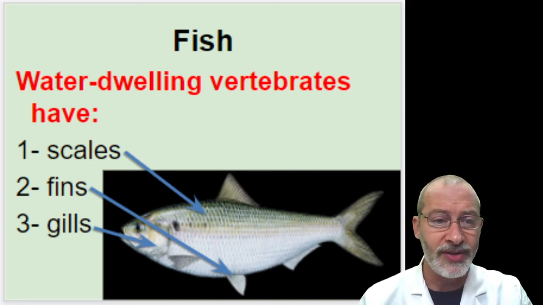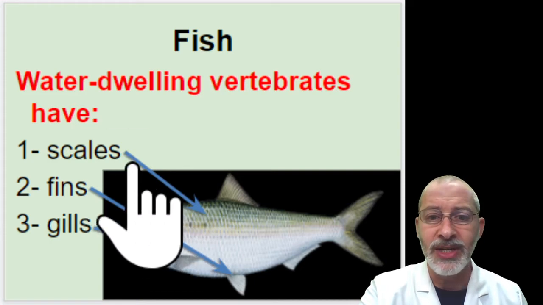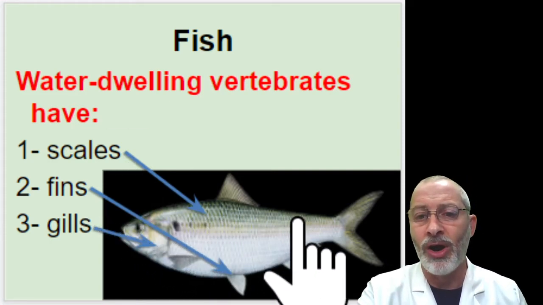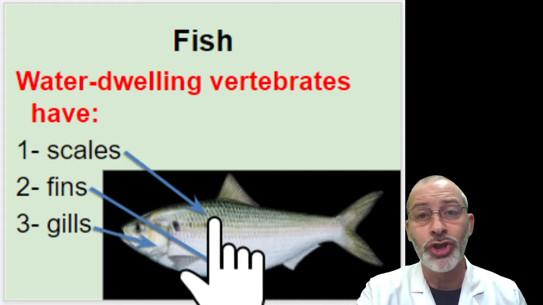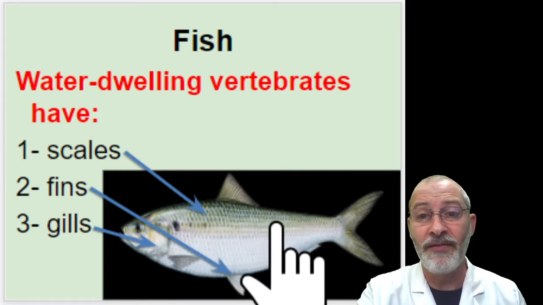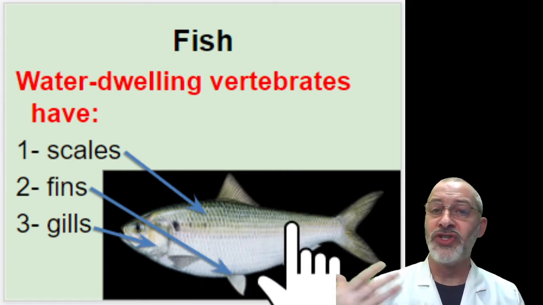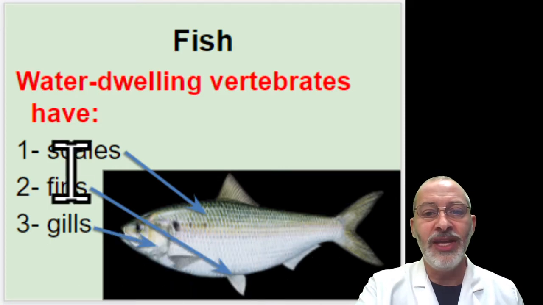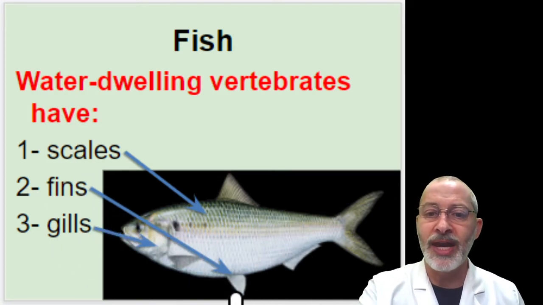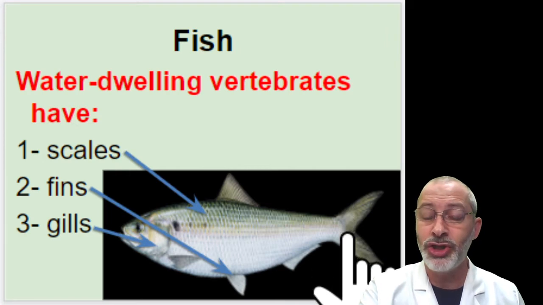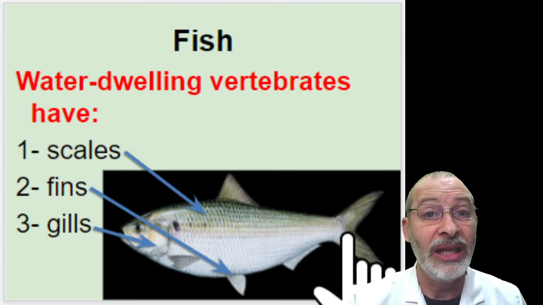So if we look at this diagram here, we can see the scales are those structures on the outside of the fish, kind of like our skin. The fins are the structures that help steer the fish and propel the fish, kind of like our limbs.